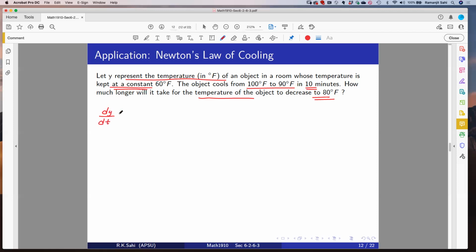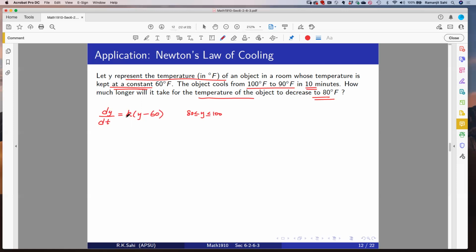So dy by dt is k times the difference between the temperature of the object and the surrounding medium, which is the temperature in the room, y minus 60. We want to know how much time it will take for y to go down to 80 degrees from 100 degrees, so y is between 80 and 100 in this problem.